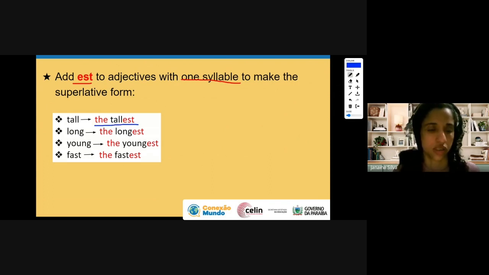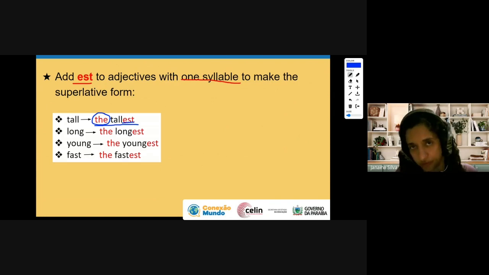You see, students? Here, we need to use the article the, and add est to the adjective. The tallest. Long becomes the longest. Young, the youngest. And fast, the fastest.